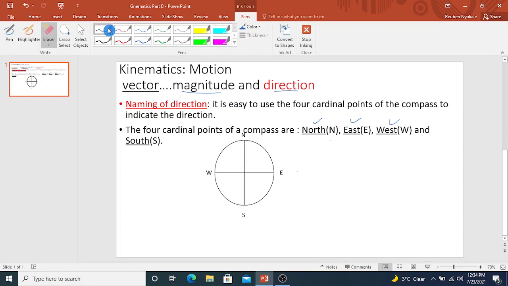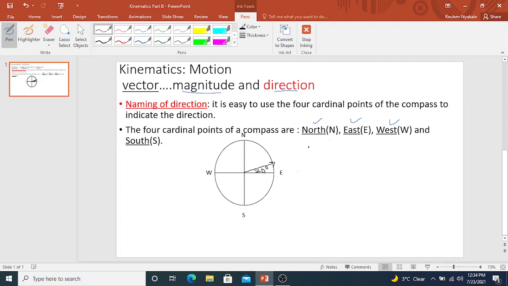Right. Let's say you are given a vector and you are somewhere here, and you are told that that angle there, it is 20 degrees. All right.